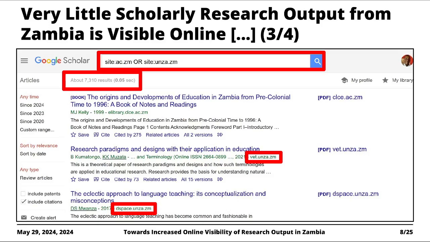But unfortunately, it turns out that most of these are actually electronic theses and dissertations. So these are manuscripts that are produced by our master's students and our PhD students, for the most part.